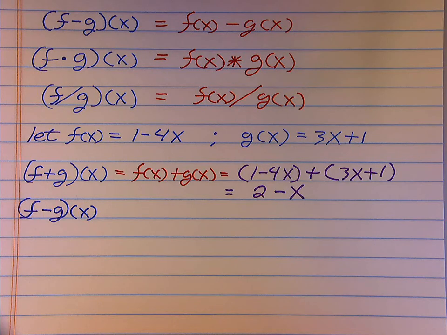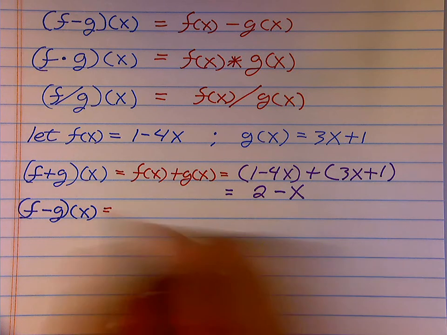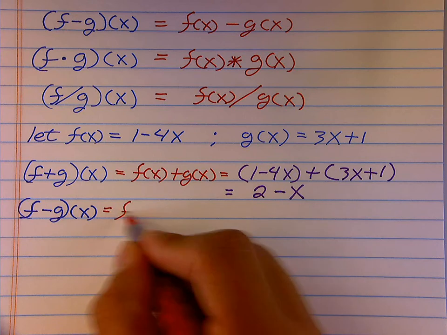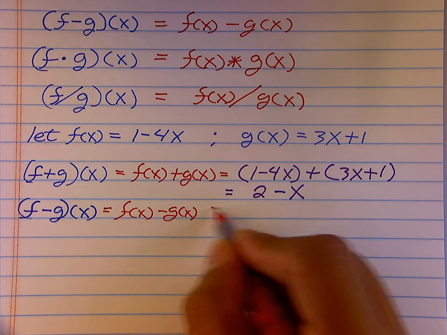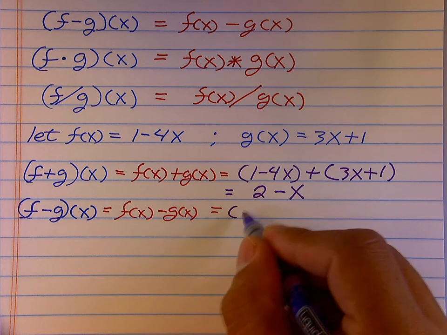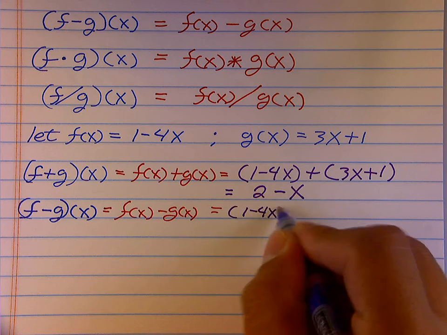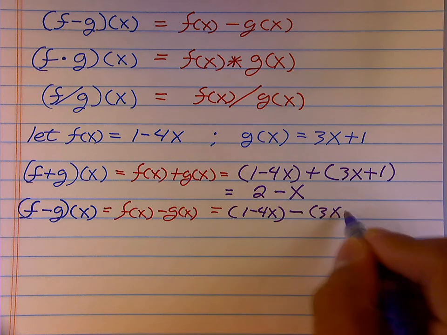Okay, now we're going to take the difference of the two functions. First of all, we're going to rewrite it from the new notation into the old notation. And now I'm going to actually do the subtraction. I'm going to take f, which is 1 minus 4x in parentheses, and subtract g of x. Make sure that you put it in parentheses.